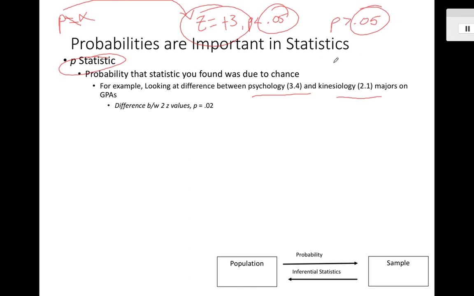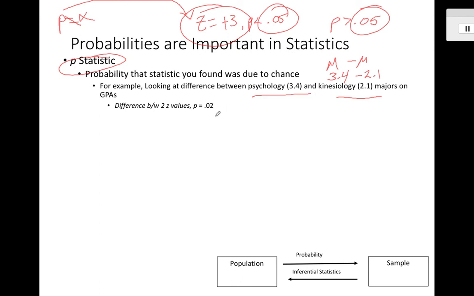So let's say, for instance, I calculate the average for my psychology majors, and that's a value of 3.4. I also know the population average for kinesiology majors, so I want to compare my value to theirs, and in this particular case it's 2.1. Again, my null hypothesis would predict that both averages would be identical, but here I want to see if there's a difference between the two.